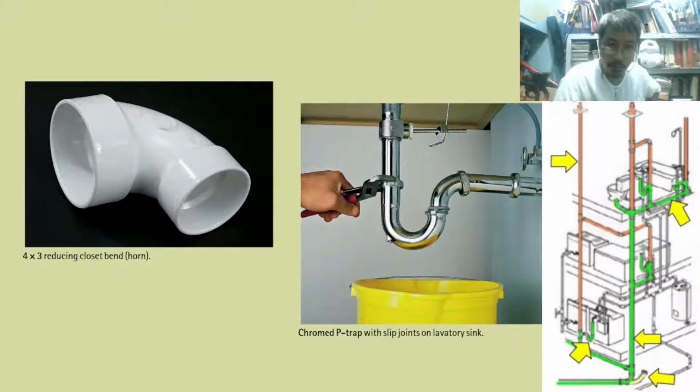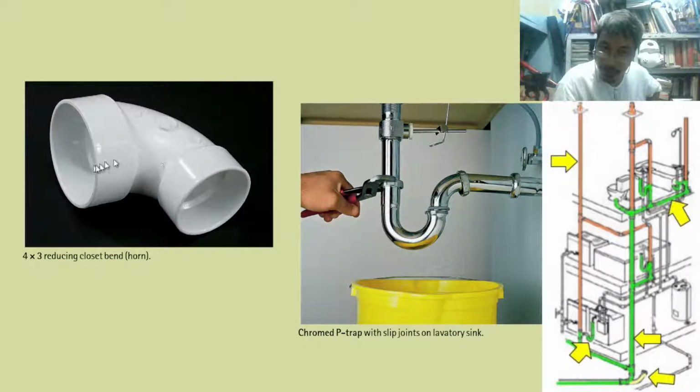So, this is what we meant by 4" by 3" reducing closed bend. This is also called horn. This is what we call quarter bend. Although it is 90 degrees, it is not a 90 degrees with respect to the actual corner.